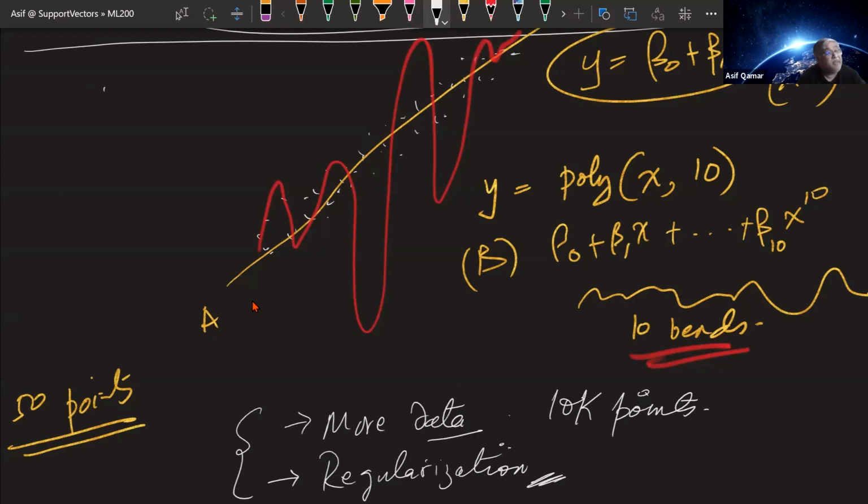Suppose it could be best represented with a polynomial of 10,000 degrees versus 20,000 degrees; you could not have guessed either. So you take a model that's fairly complex, but you can tame it down. Let me show you the effect of regularization: you can tame the red line down to a line very close to the yellow line, either by regularization or by throwing a lot of data at it.